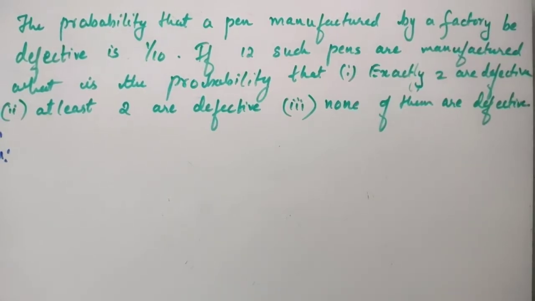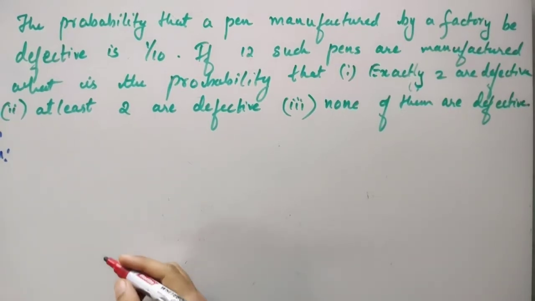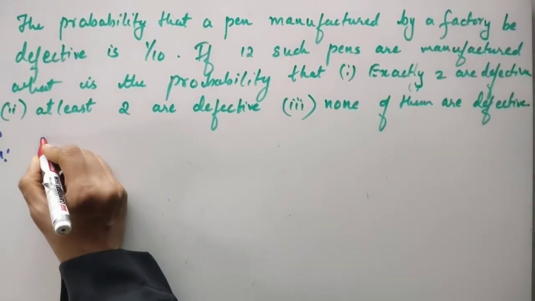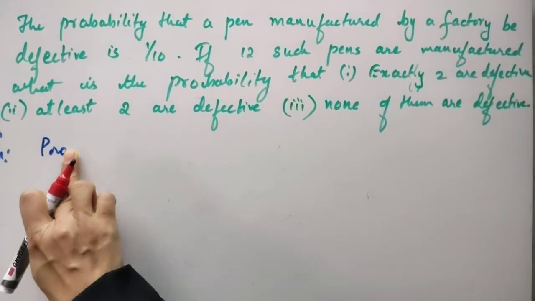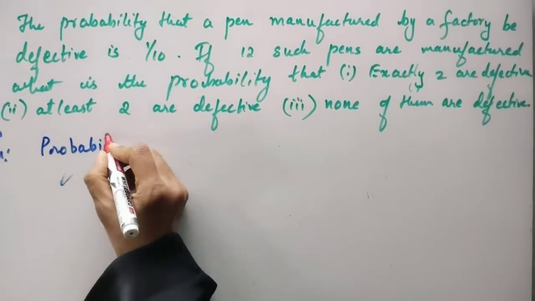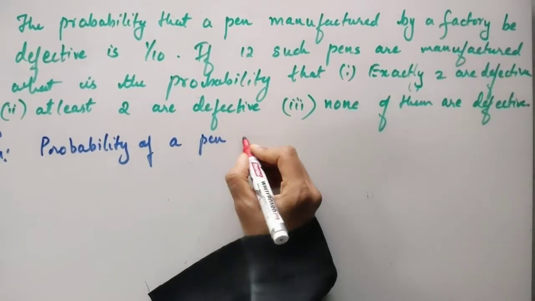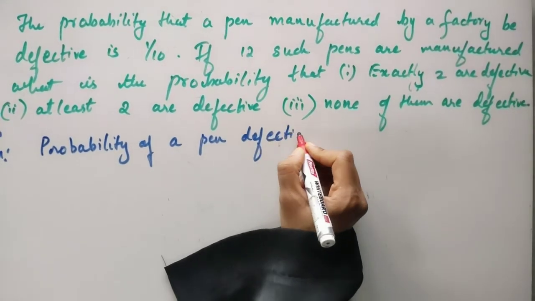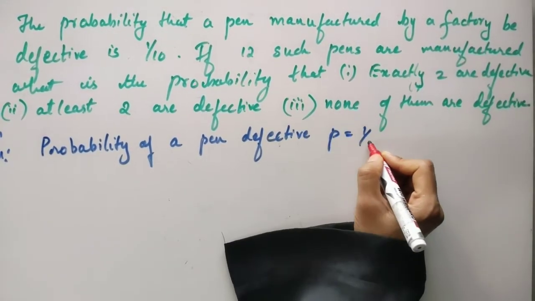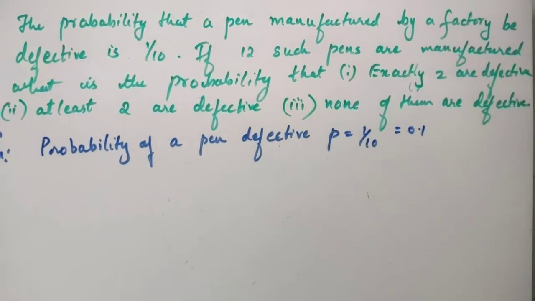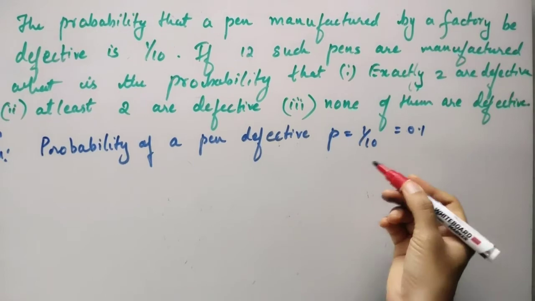Since the number of pens manufactured is 12, and the probability of a pen being defective, I'll take it as P. So P is 1 by 10, or 0.1.